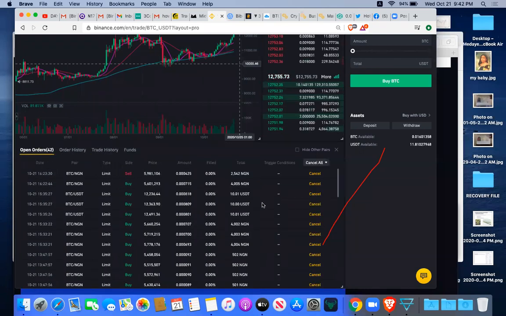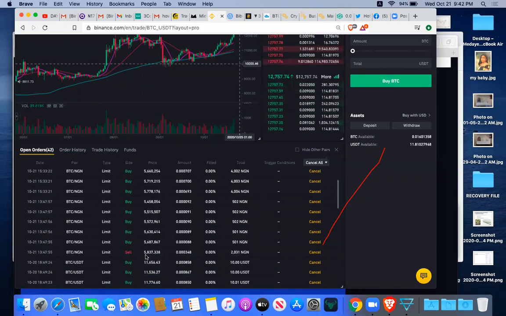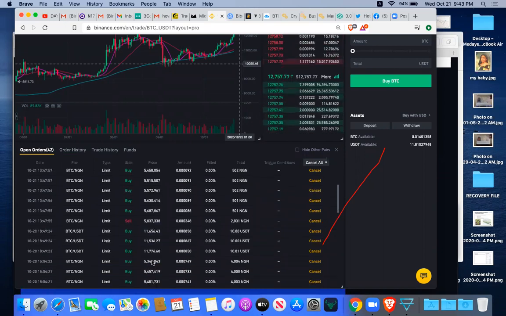Now you can see it has set a market buy again in Naira, a market buy for BTC at 5.6 million, $12,200, 12,003, 12,004, then 5.6 million, 5.7 million, in that order. It set a price to sell at 5.8 million, 5,887,000 naira.